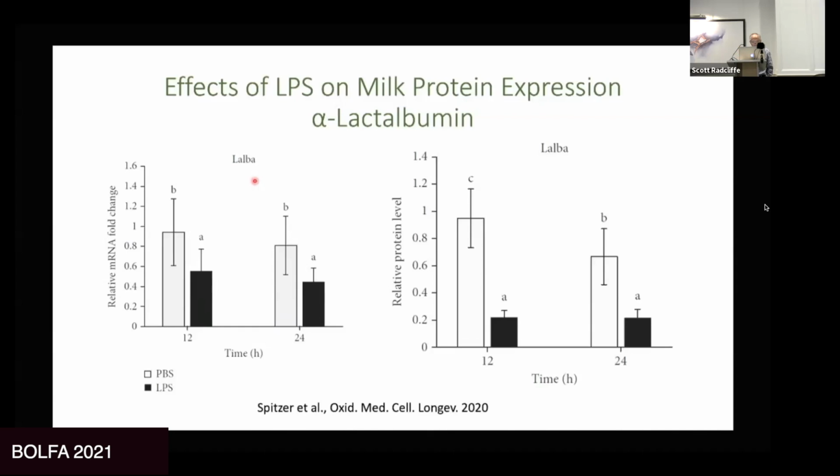As you can see, at both times, LPS significantly repressed alpha-lactalbumin expression at both protein level and mRNA level. We all know alpha-lactalbumin is a major milk protein. Also, it's an enzyme for lactose synthesis, so this may affect lactose synthesis too. Later, I will show you some data.